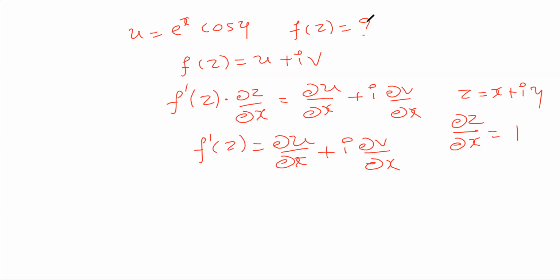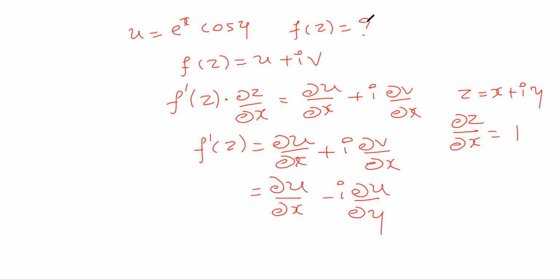Minus dou u by dou y. So f dash of z equals dou u by dou x minus i into dou u by dou y.